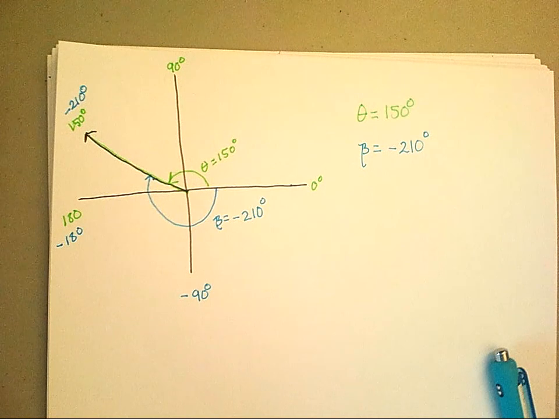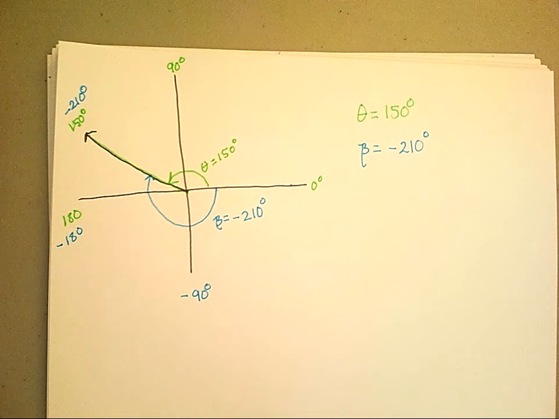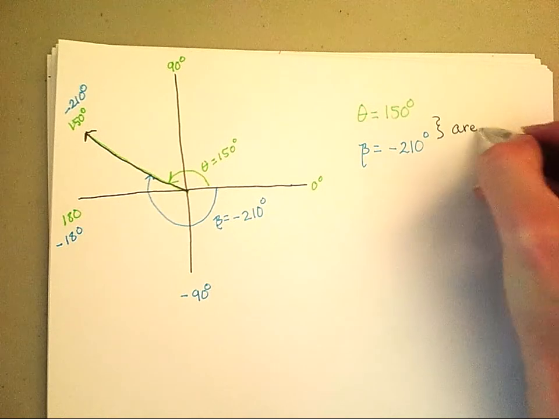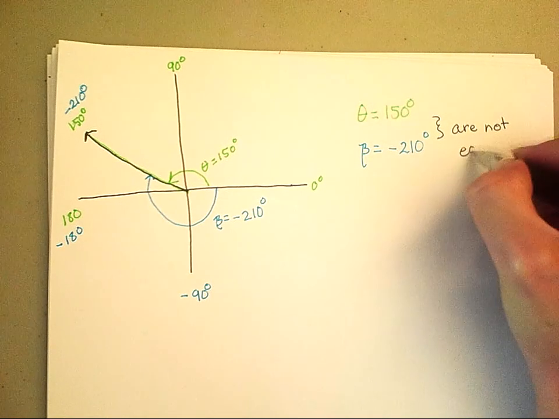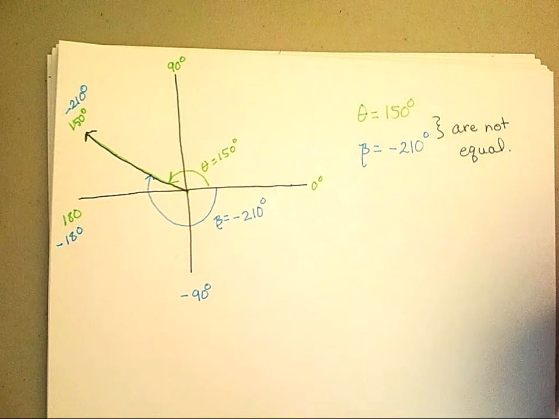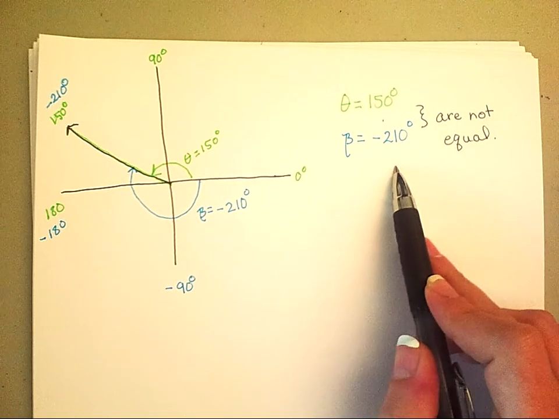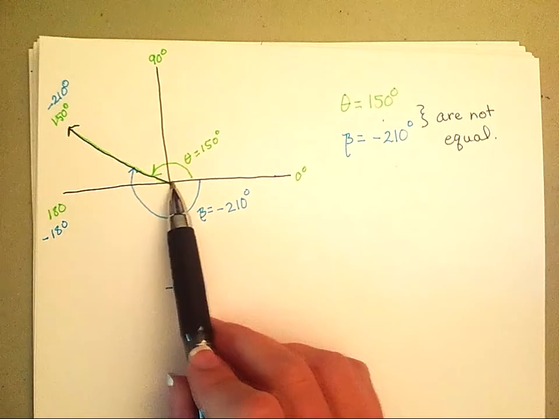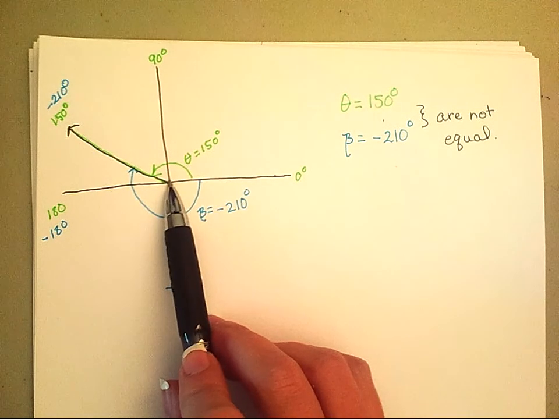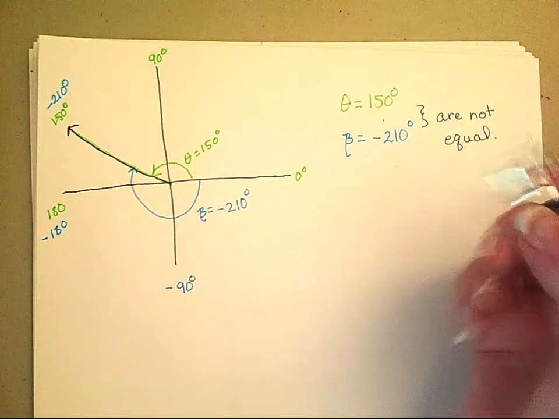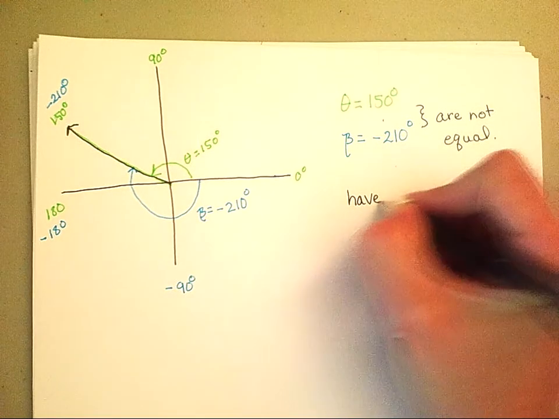Now, what we're saying here is clearly from here, these two angles are not equal. One's a positive rotation, one's a negative rotation. From here, however, we see that they have a relationship, and that is that they have the same terminal side.